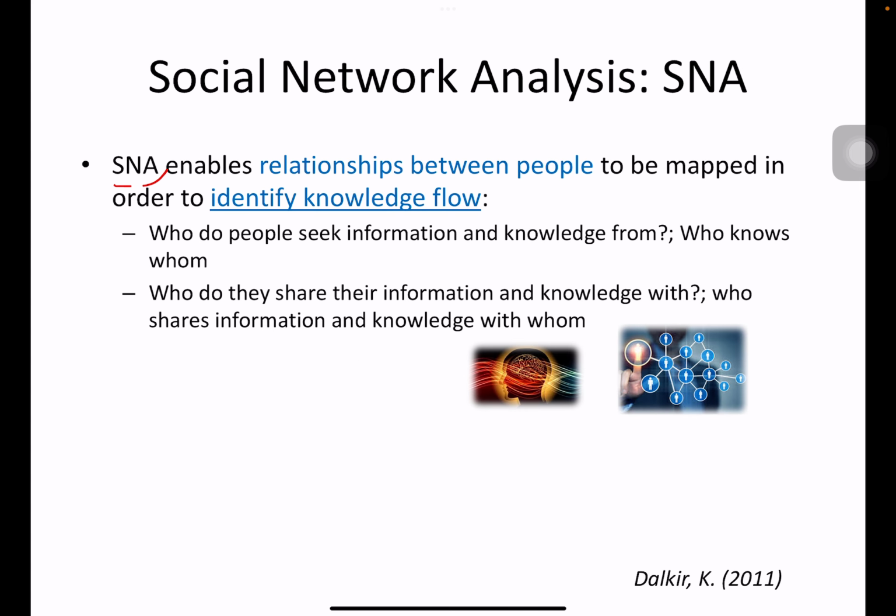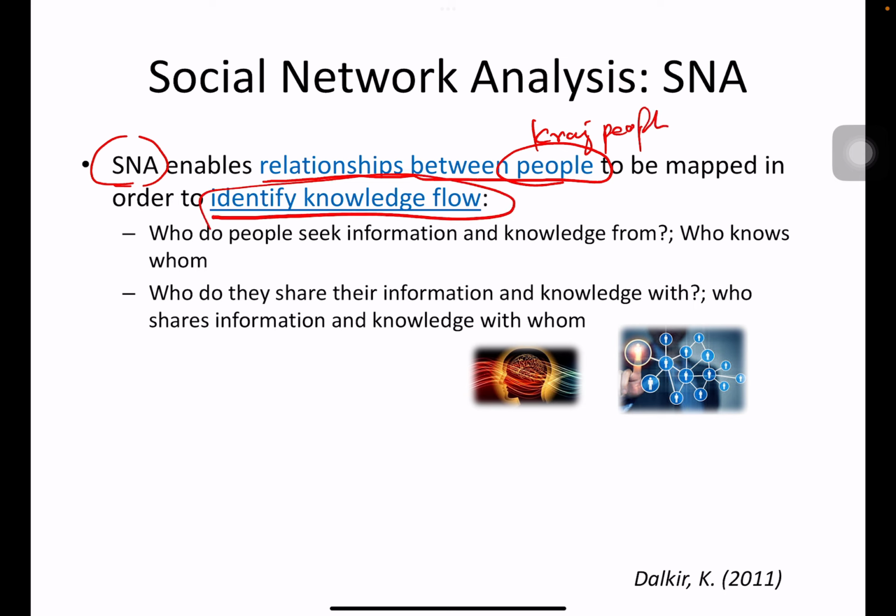So social network analysis enables us to see the relationship between the knowing people, which helps identify the knowledge flow: who we can find knowledge or information from, who knows whom, and who can share information and knowledge with whom.